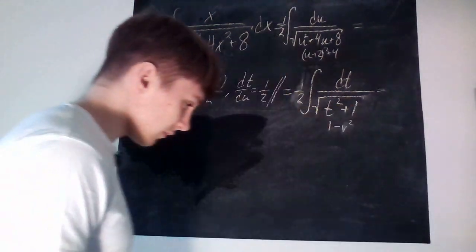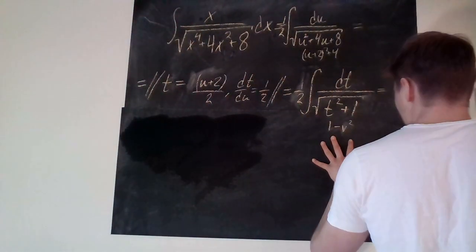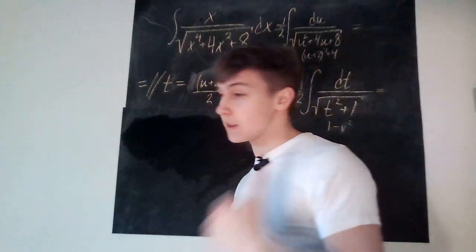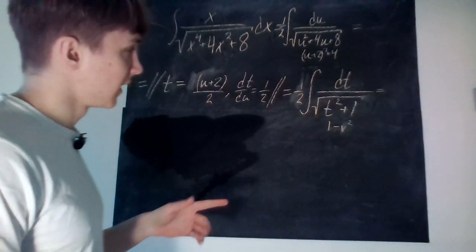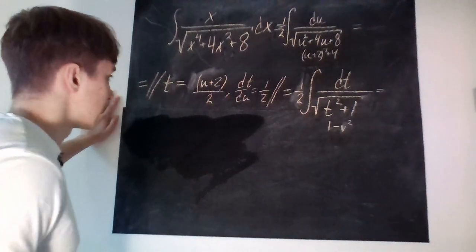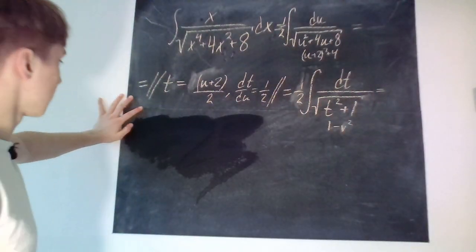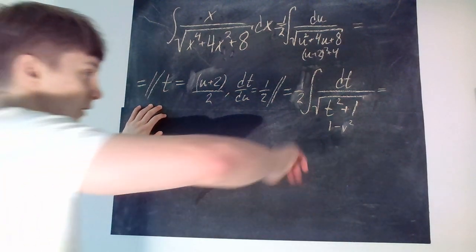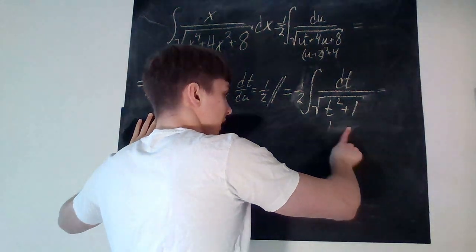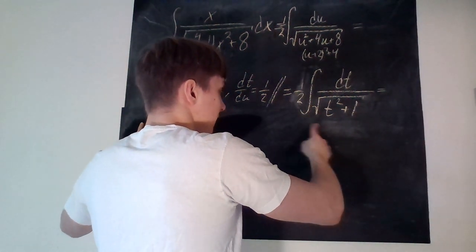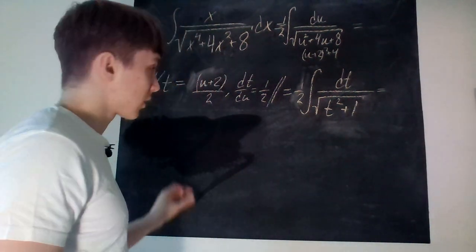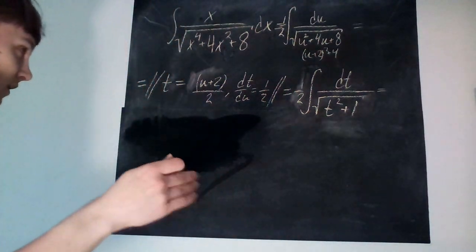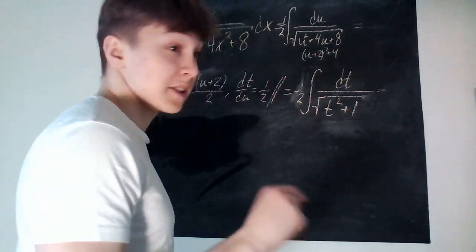Now, when we're at this point, if you're really good at integrals, you would just see that this is the arc hyperbolic sine of t. You would also get the same thing if you were to use the hyperbolic identity that hyperbolic cos squared minus hyperbolic sine squared is equal to 1.